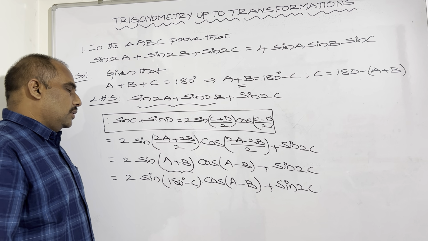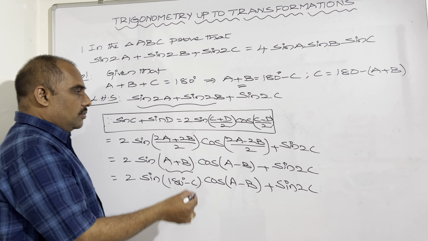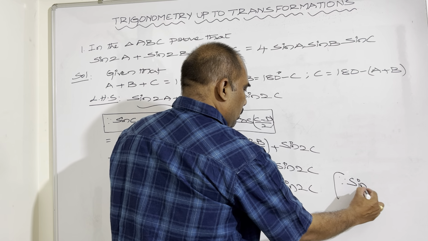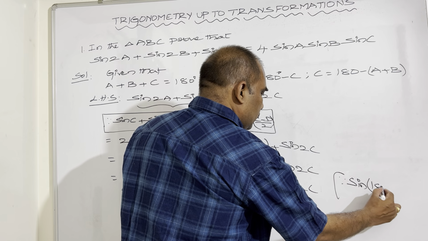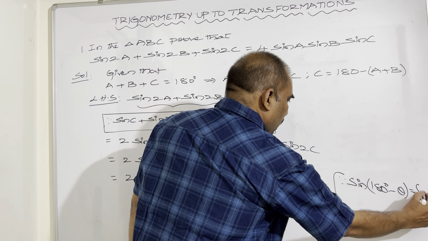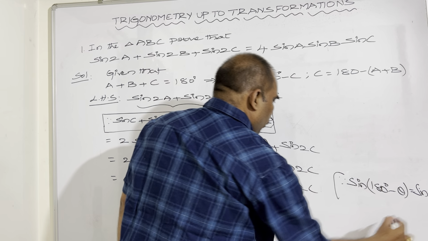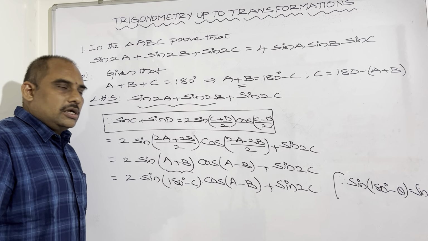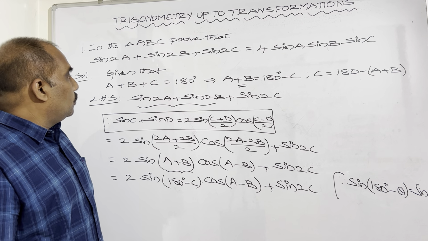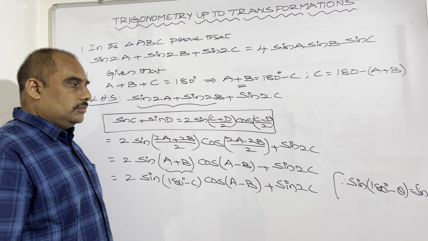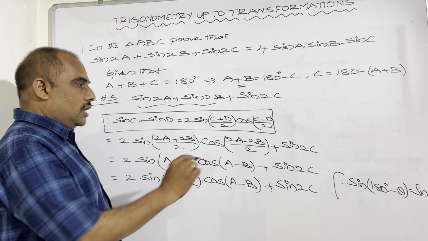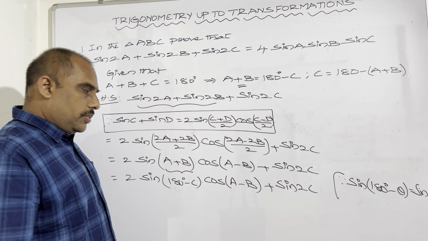Here sin(180 - C) is like sin(180 - theta), and sin(180 - theta) is sin theta. 180 degrees minus theta belongs to the second quadrant, where sine is positive, so there is no change in the trigonometric ratio. It is a property.